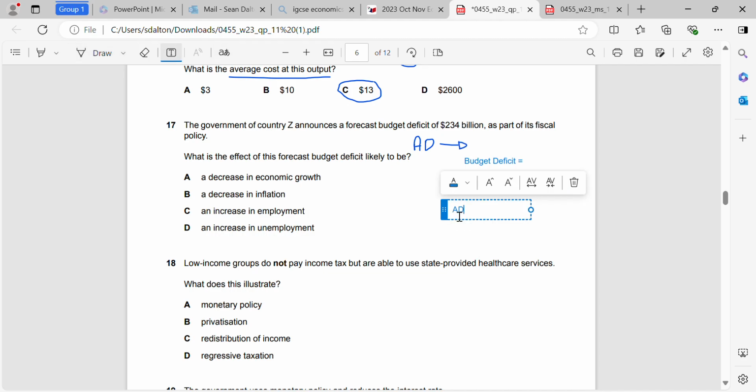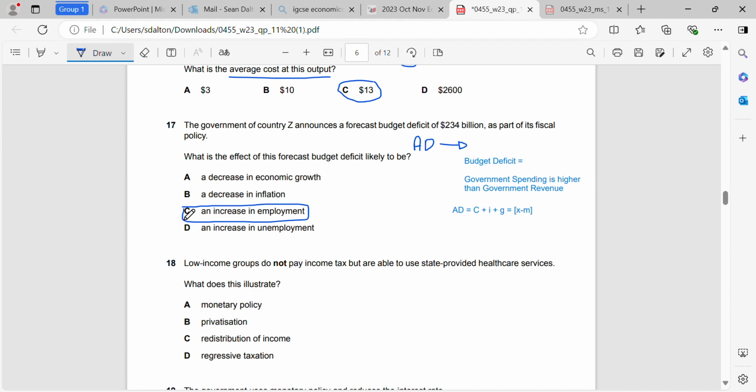So our components of AD: C plus I plus G plus (net exports, X minus M). Okay, so if AD moves to the right, which we know it will, that will result in an increase in output, an increase in employment, and an increase in national income as AD shifts to the right. And we should all know that by this stage.